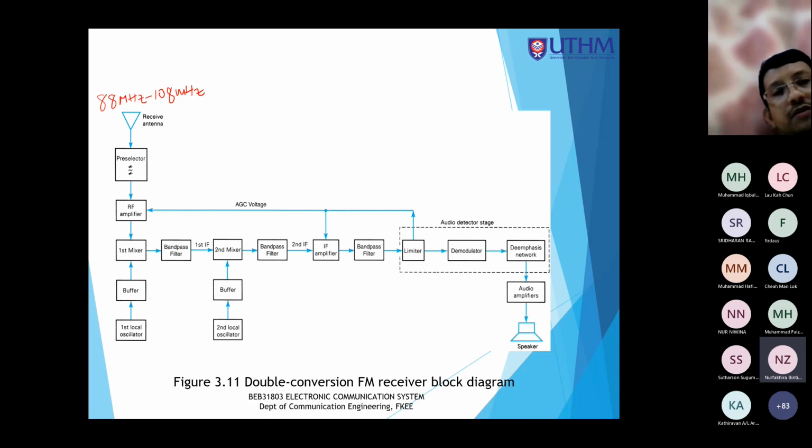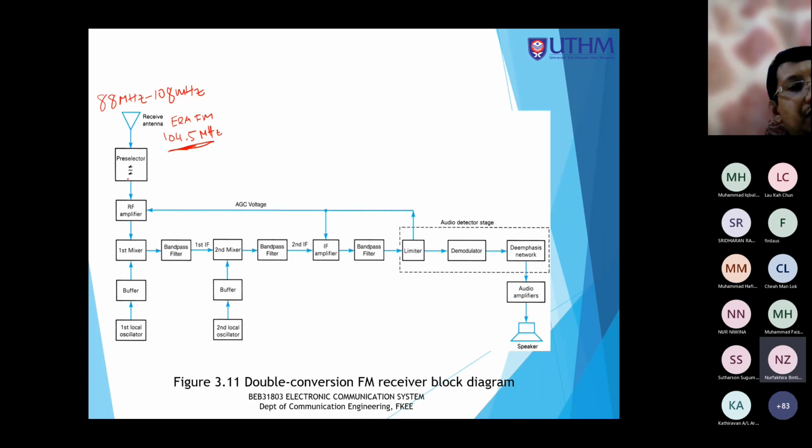So for example, I want to listen to Era FM, which has a frequency of 104.5 megahertz. Whenever I want to listen to this radio station, I will tune my radio to this frequency, which means it will set the center frequency at 104.5.